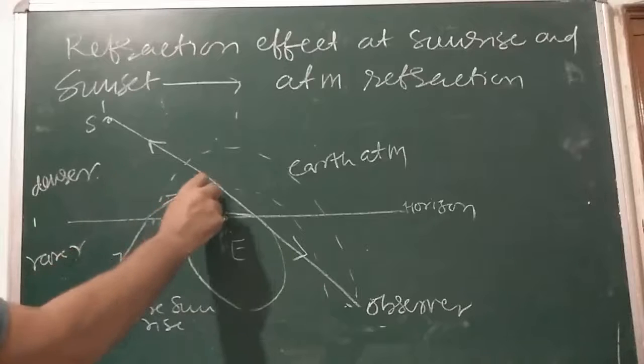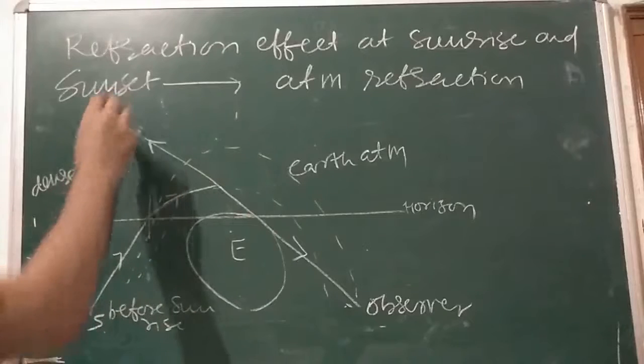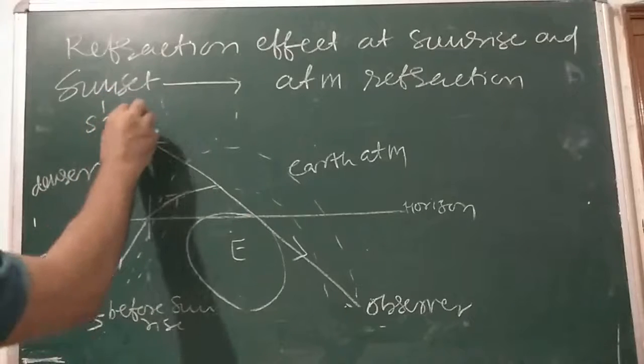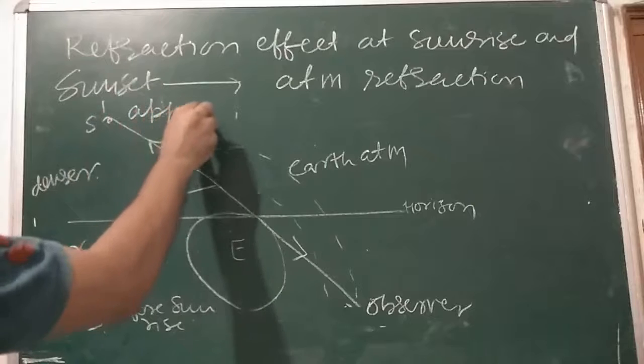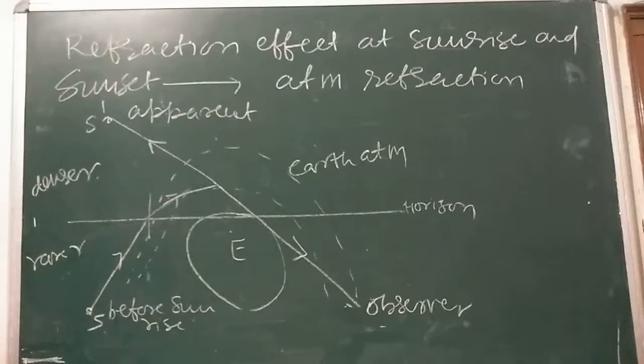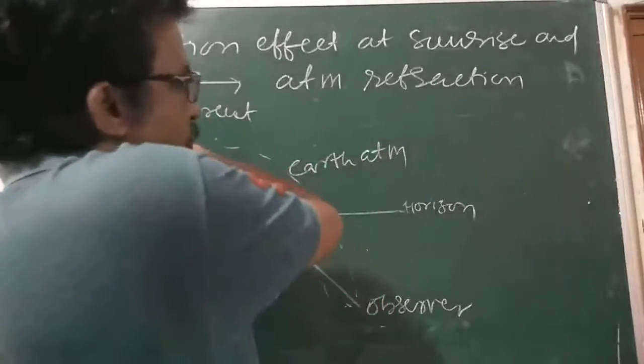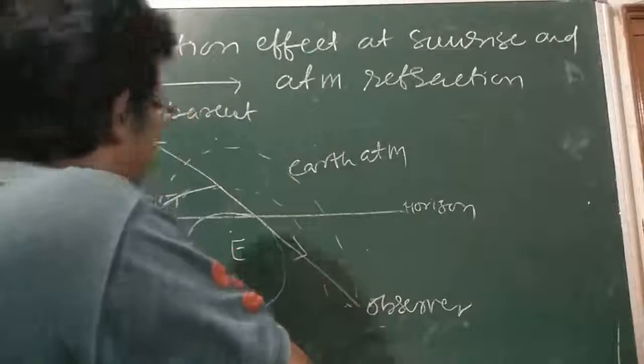This will bend towards the normal and appears to come from S dash, that is the apparent position of the sun. Here is the apparent position and here is the actual position.